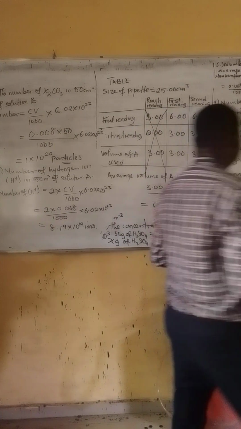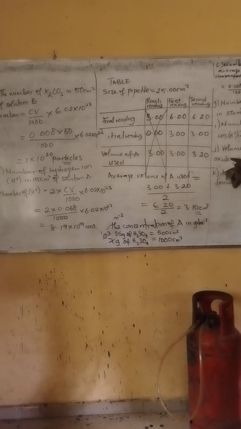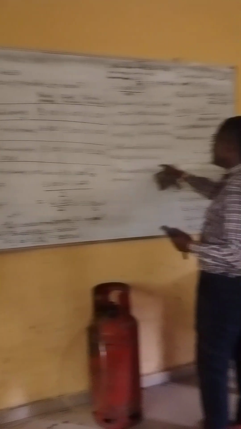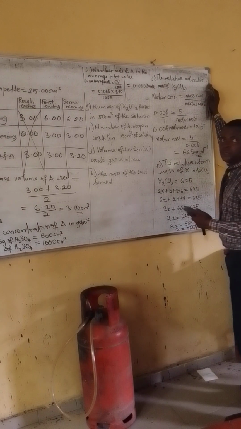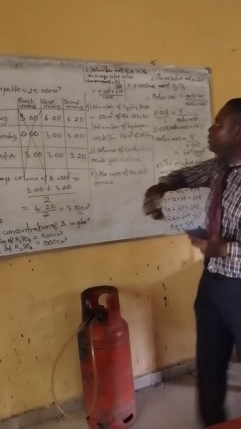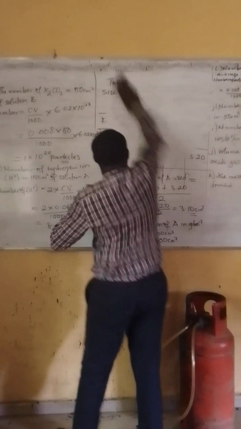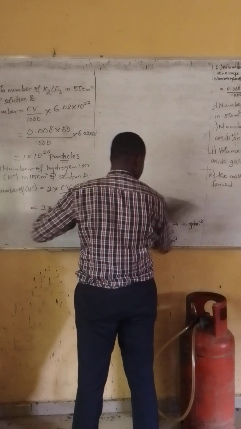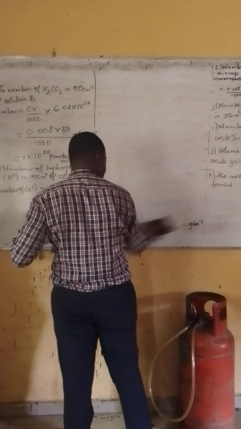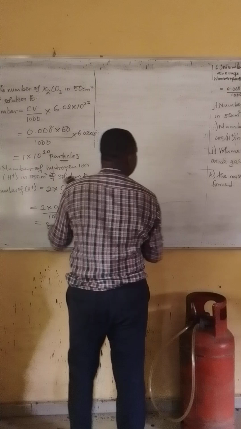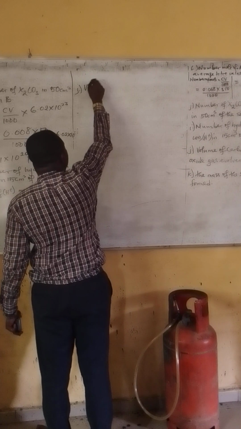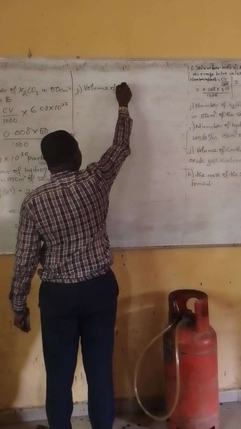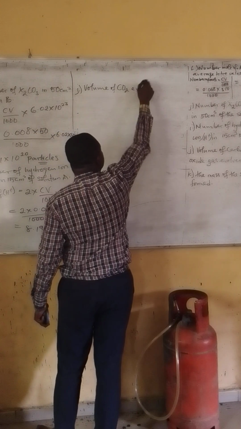The next thing to do here is volume of carbon 4 oxide gas evolved. So let's use this part of the board. So let's take this place away. Now, next one is J. Volume of CO2 evolved.